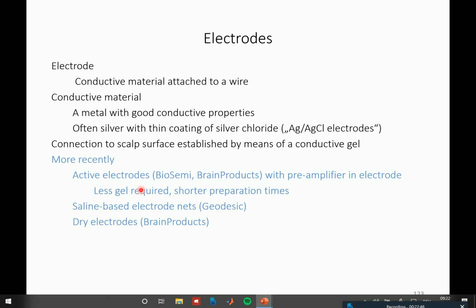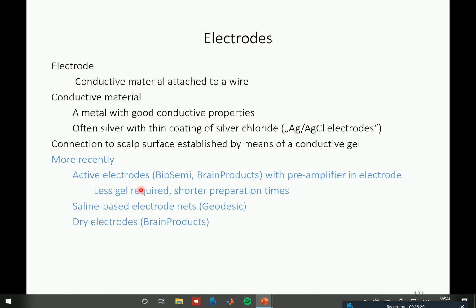And the nice thing about those is that because they already amplify the signal after it's picked up, you don't have a lot of signal loss along the electrode leads, you need a lot less gel, and you have shorter preparation times. I don't know whether you took part in an EEG experiment 15 years ago or so. There would be quite a lot of rubbing to get the hair out of the way and to get good and low impedances. With these active electrodes, it gets a lot more relaxed, and you basically just have to apply a little bit of gel and then it works.